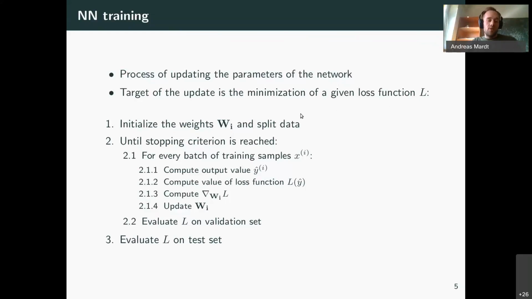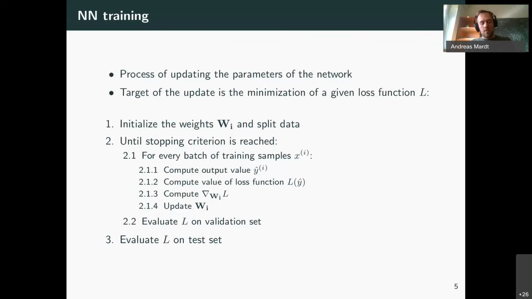Okay, so how does the training procedure work? First of all, we initialize these weights randomly. So in the beginning, this is just a random function. And then we have our data. Usually we split this into at least training and validation data. So we use some data for training and some for validation to see if we somehow overfit our problem.